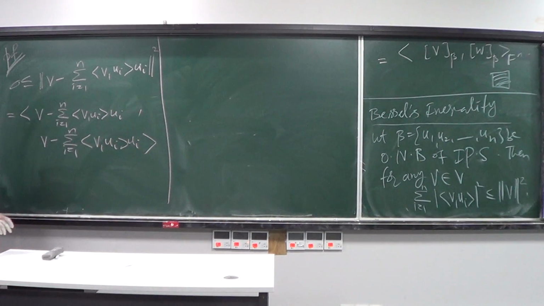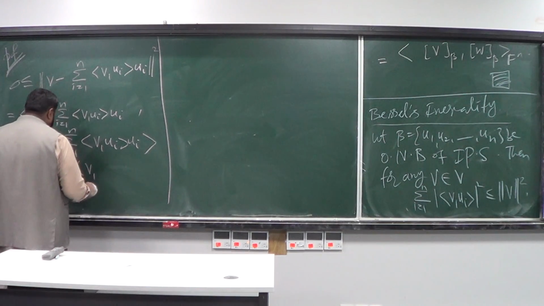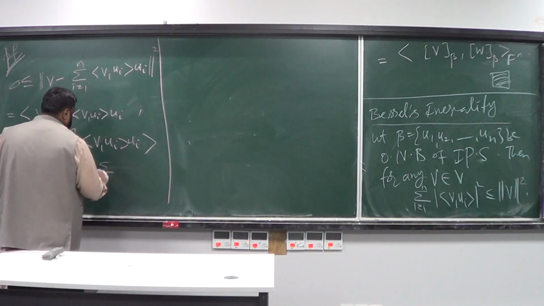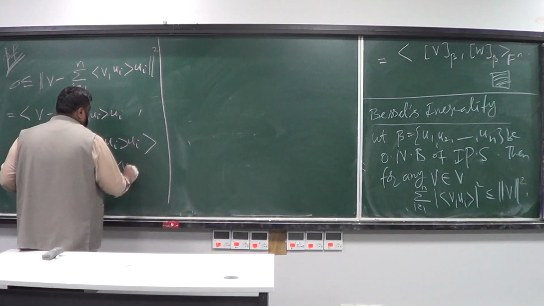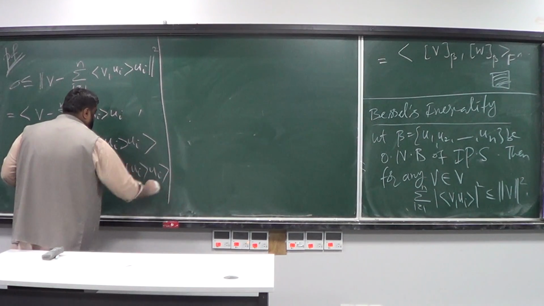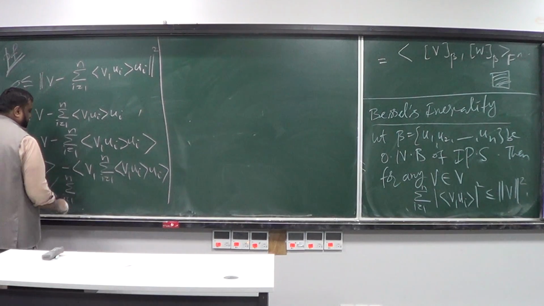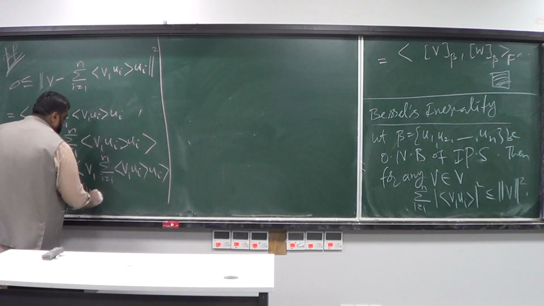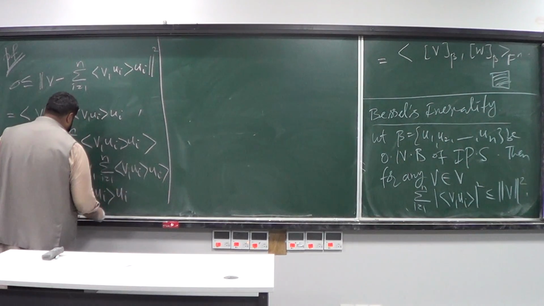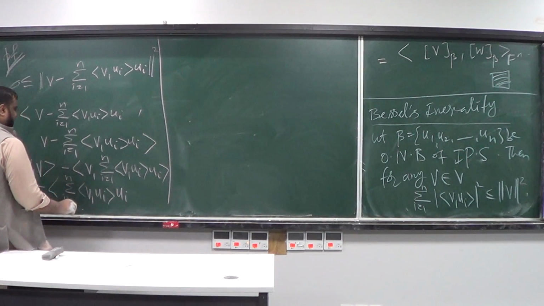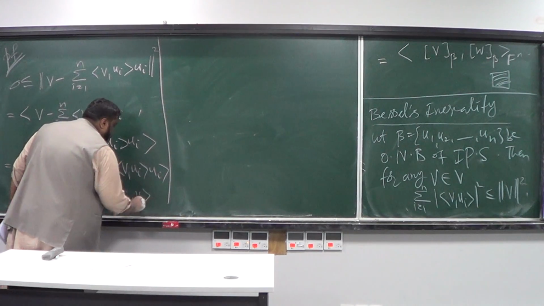I can write this as the inner product vv, minus the inner product of v with the sum from i equal to 1 to n of (v, ui) ui, and minus the sum from i equal to 1 to n of (v, ui) ui with v.